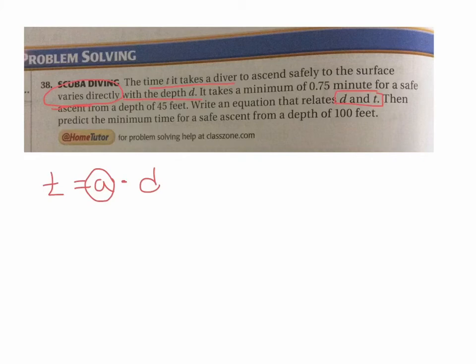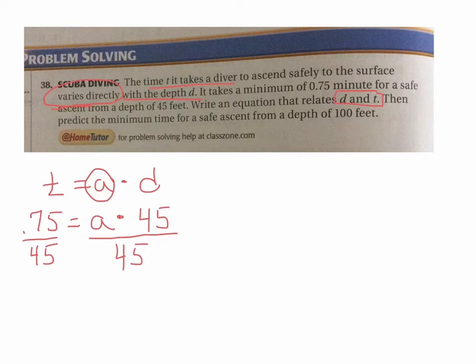So it takes 0.75 minutes to ascend from a depth of 45 feet. If I want to solve that for a, I'm taking 0.75 and I'm dividing it by 45.